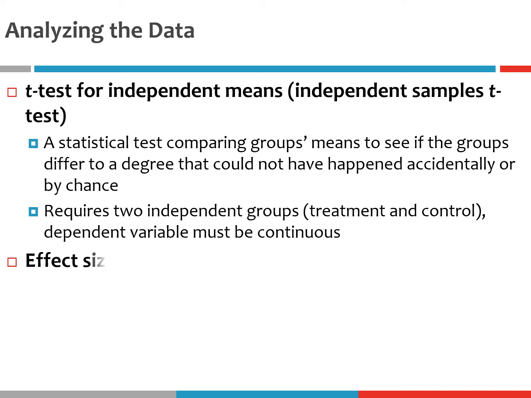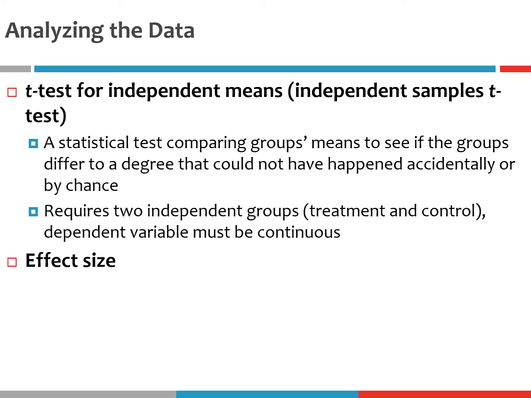So running that t-test, we run it on a computer, it spits out information, and it tells us, is the difference real, or is it due to chance? We don't want it to be due to chance. We want the difference to be real, because that means that the independent variable is having an effect on the dependent variable. If it's due to chance, that just means that by luck, there's a difference, and it's not really meaningful in any way.